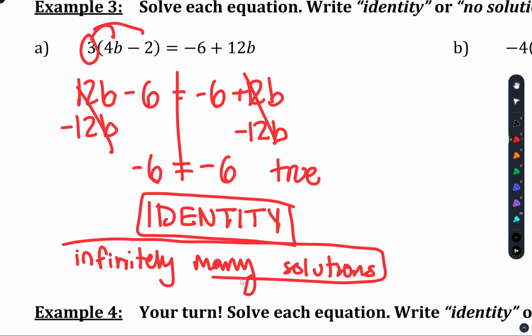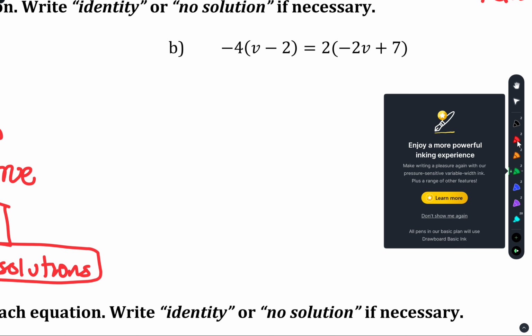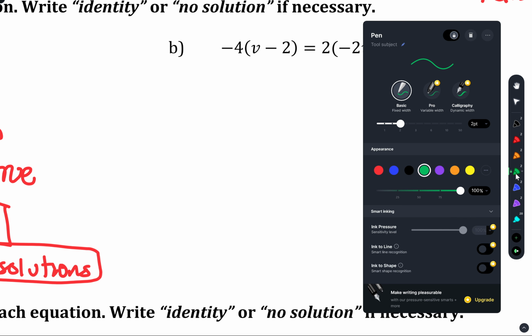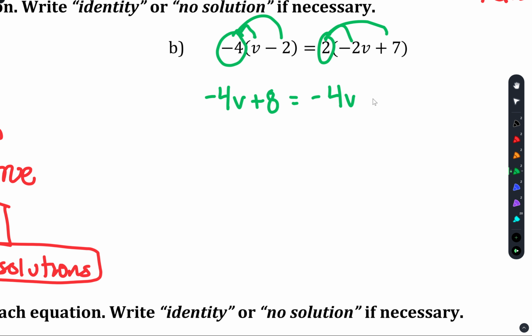Questions on that? Brayden? Sure. Next. Same deal. I start with distributing. -4 times v, -4 times -2. Distribute my 2. Distribute to my 7. Got that? Any like terms to combine?